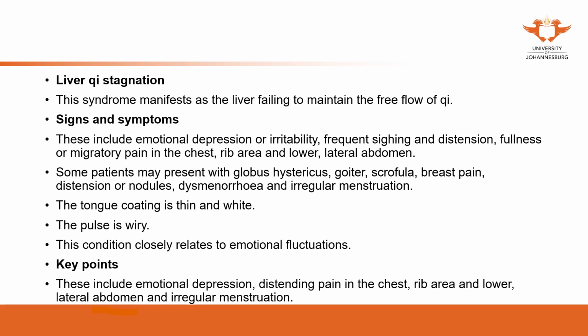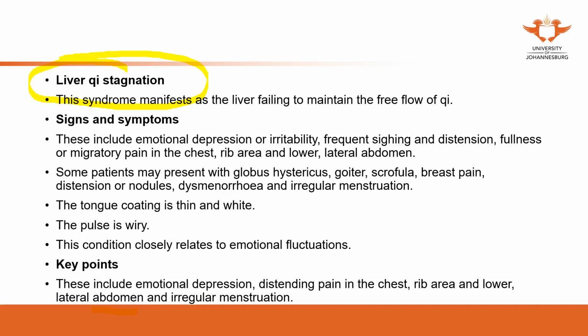So if the patient presents with liver qi stagnation, for instance, they fight with their husbands every day and then the lady gets infertility, or the young couple recently married and the mother-in-law always mentions that you have to conceive, you have to have a boy.